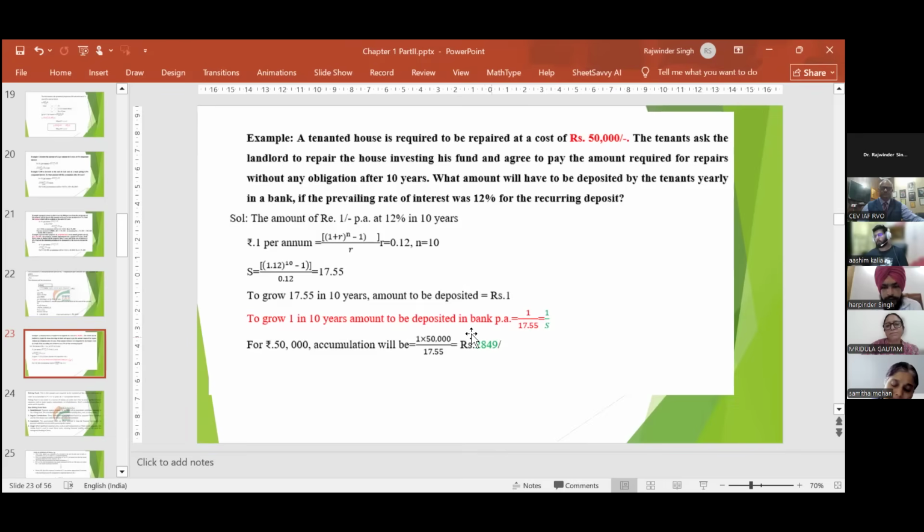You have to deposit a sum of 2,849 in the bank. Clear? This 2,849 is the sinking fund. So you understand the formula for sinking fund? Any doubt? Clear?